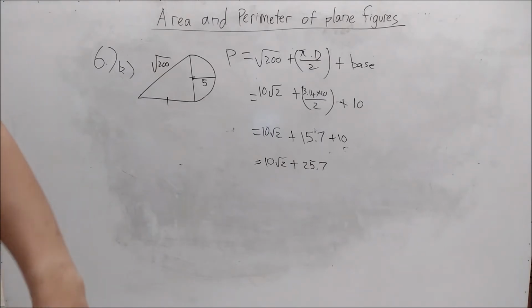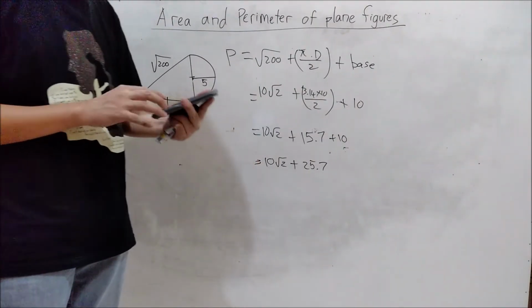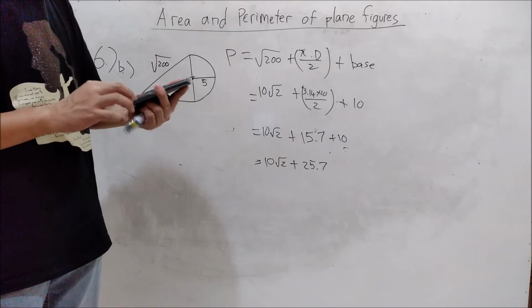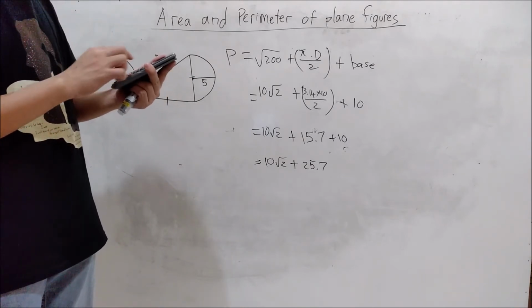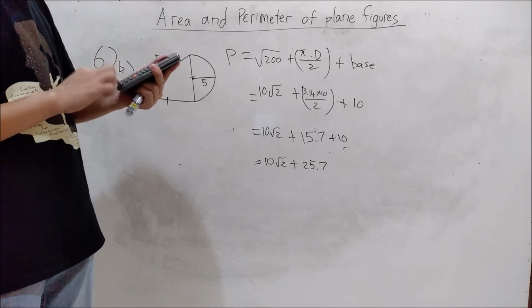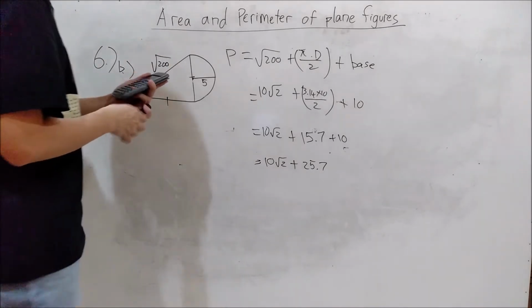There is another way. If you have your calculator with you, you can actually finish this up by just pressing 10 square root of 2 plus 25.7.